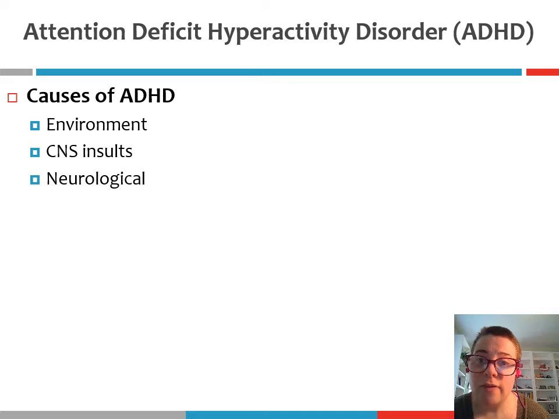They also have a smaller nucleus accumbens. The nucleus accumbens is the reward center of the brain. It's the area that gets activated whenever you're involved in any sort of pleasurable activity that releases dopamine. For example, sex, drugs, even food can activate the nucleus accumbens. That is smaller in individuals with ADHD, and so it makes sense that a lot of people with ADHD are more likely to develop clinical substance abuse disorders.